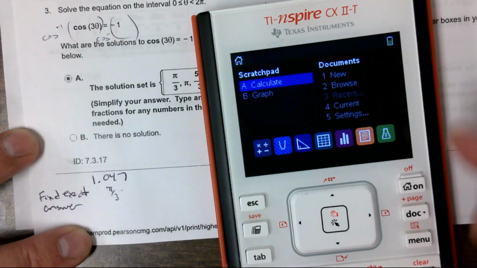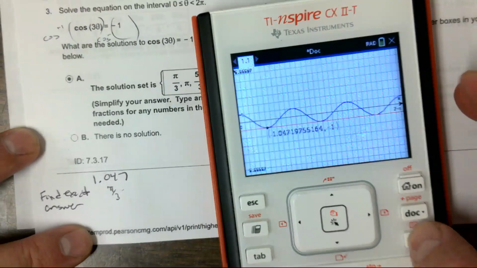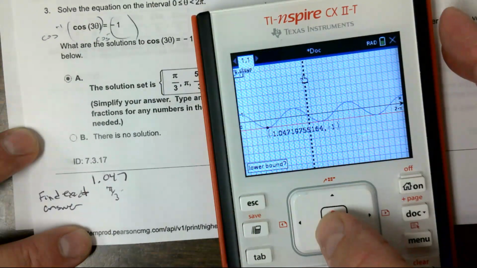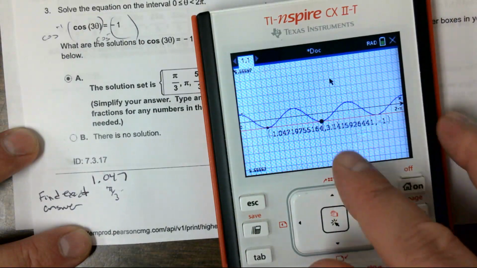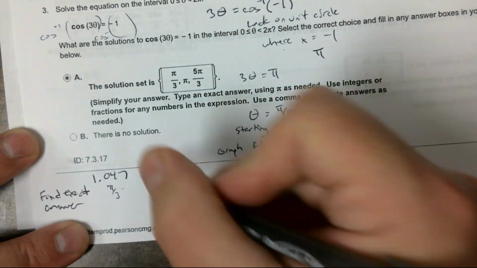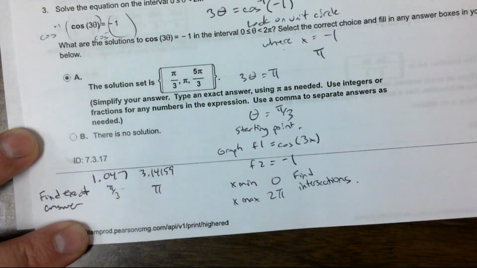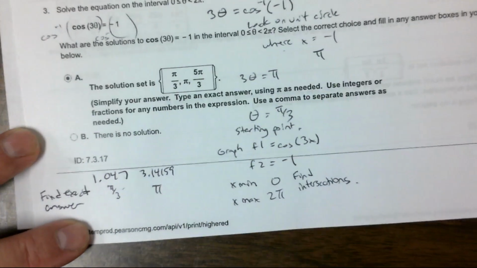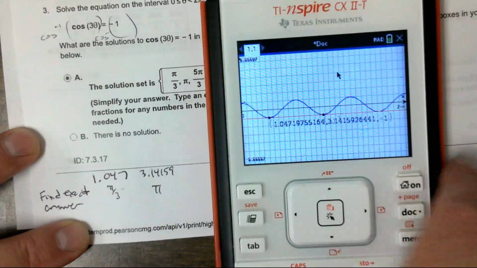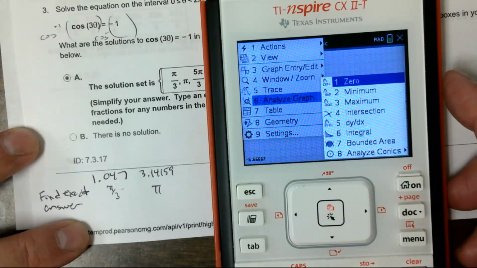Now, when I'm back at this screen, I just go back to the current, and I do menu, analyze, intersection. Between here and here, I get 3.14159. So most of y'all would know that's just pi. Okay, 3.14. And then the next one, analyze, intersect.